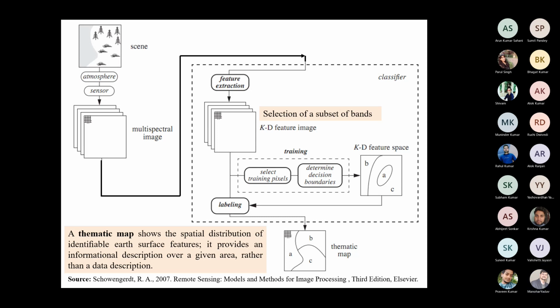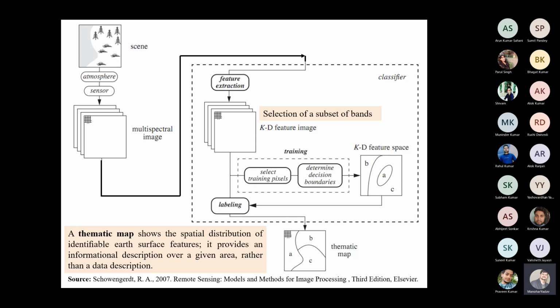Similarly, from the overall image, we select the vegetation training samples. Similarly, for water, for soil, for the bitumen that is used for road construction, for the grass field, they are selected.